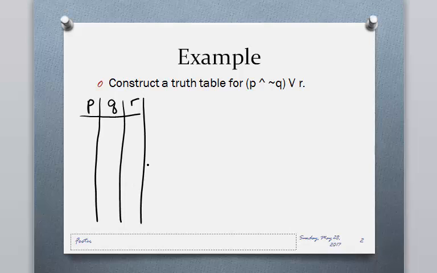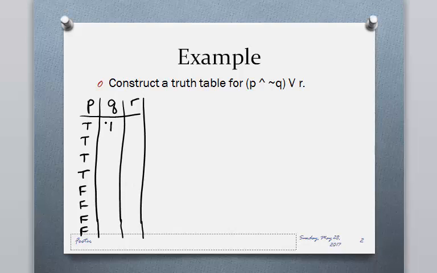To begin the truth table, we're going to write 4 T's and 4 F's in the first column. Under the second column, we're going to do pairs of T's alternating with pairs of F's.